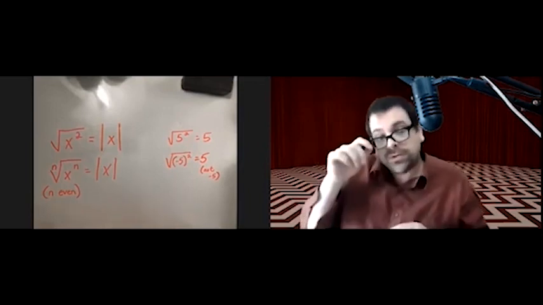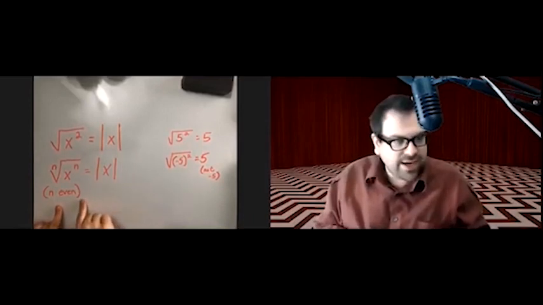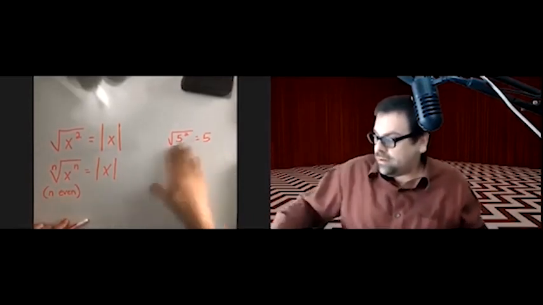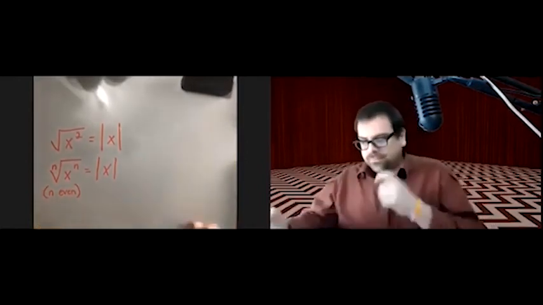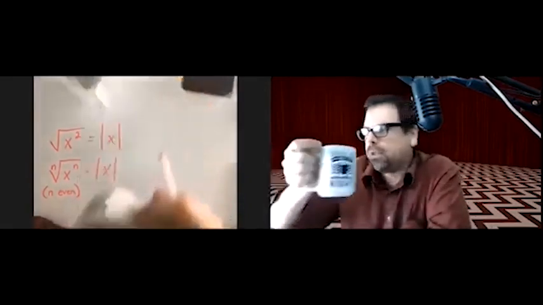What about odd roots? I wouldn't be drawing attention to this only being when n is even if something different didn't happen when n was odd. So let's take a look at some cube roots and see what we can figure out.